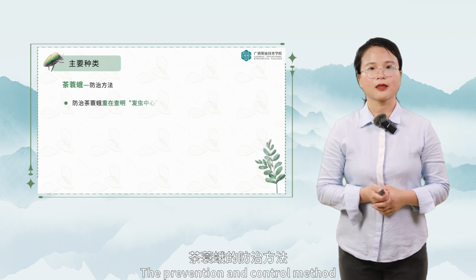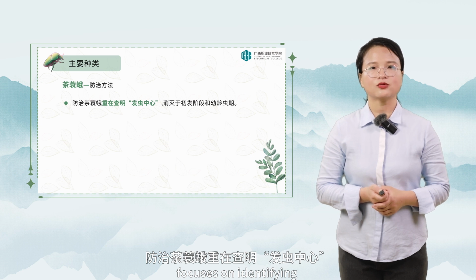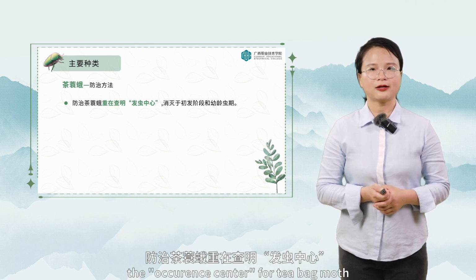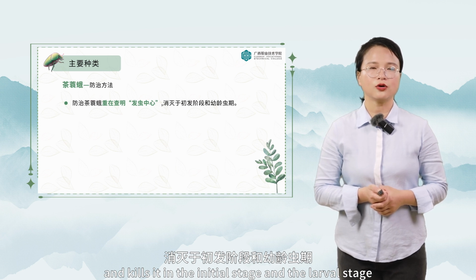The prevention and control method of tea bag moth focuses on identifying the occurrence center for tea bag moth and kills it in the initial stage and the larval stage.